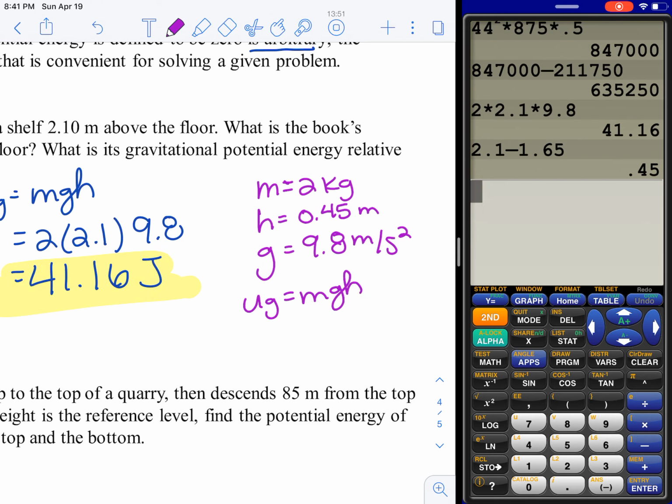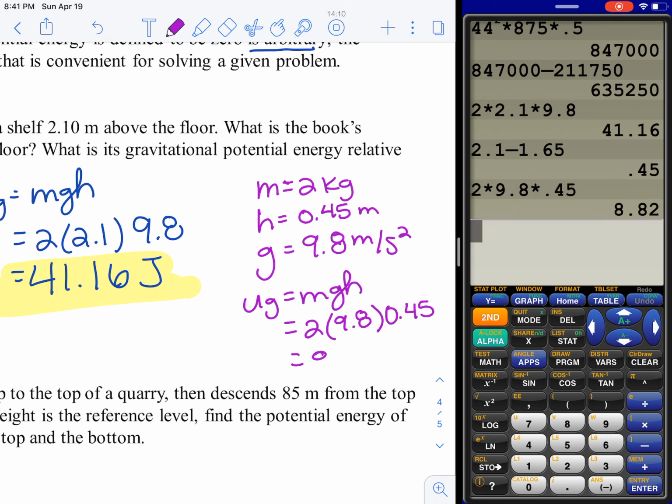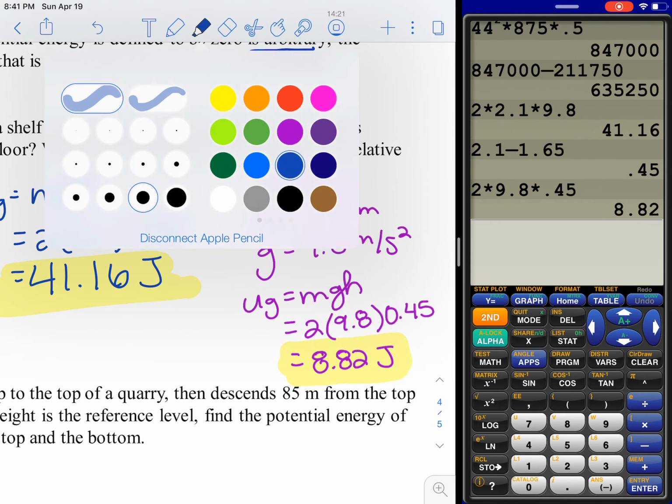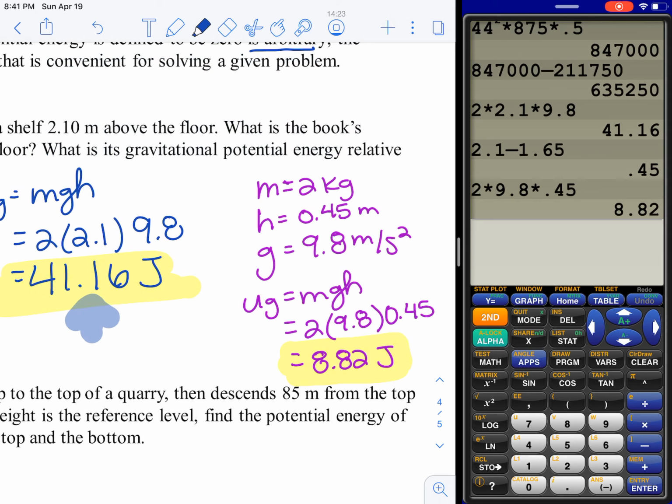Same equation. Two times 9.8 times 0.45. 8.82 joules if the book were to fall essentially on your head. The previous answer would be from the top of the shelf to the floor. This one would be from the top of the shelf onto your head.